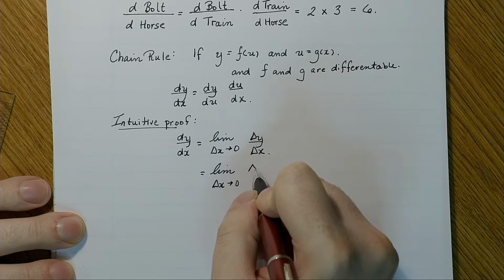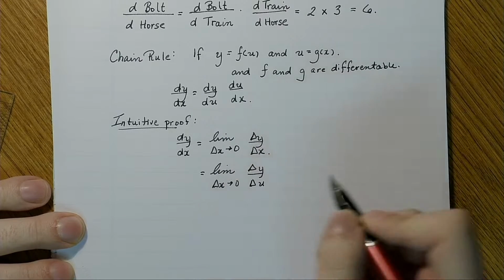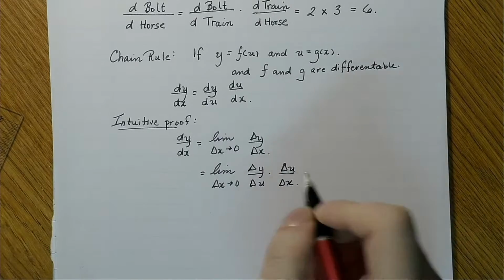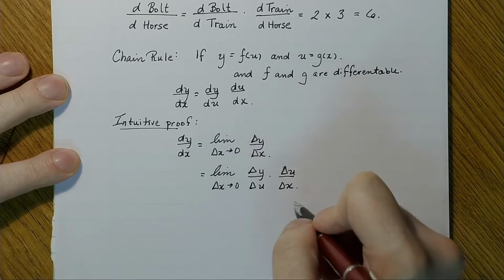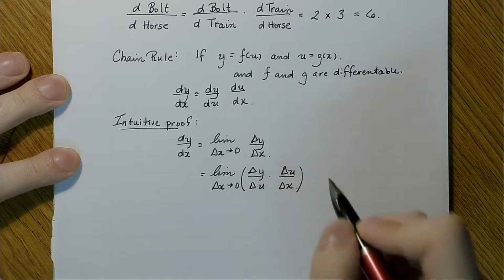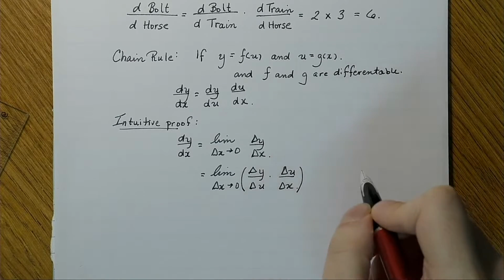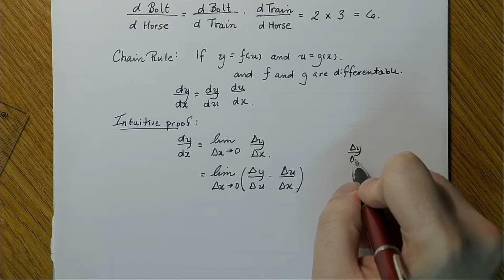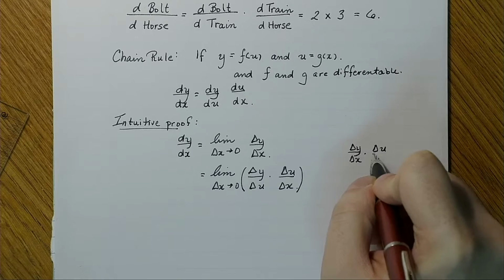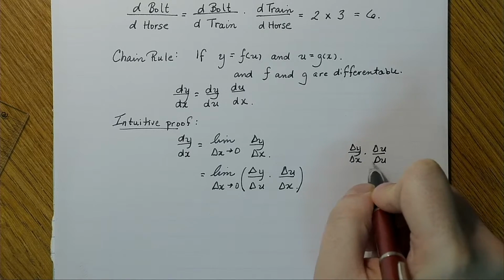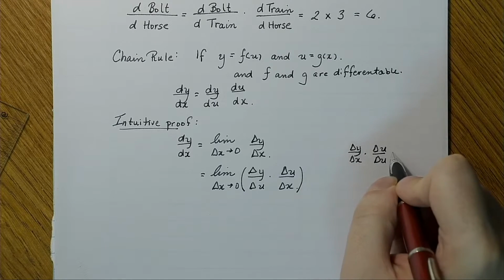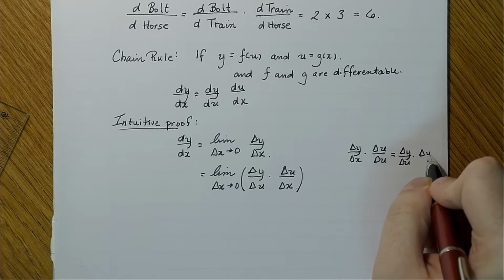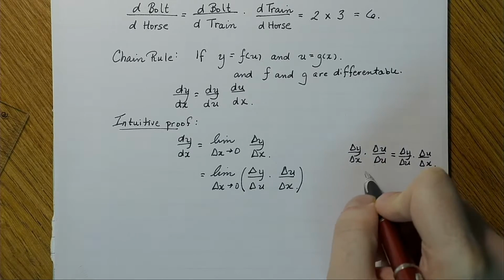So I have delta y over delta u times delta u over delta x. I can still do that as a fraction because I'm working inside of this limit. You can think of that as I've just rearranged it. I have delta y over delta x multiplied by delta u over delta u. Because multiplication is commutative, I can rewrite that as delta y over delta u times delta u over delta x. So essentially what I've done is multiplied by 1.